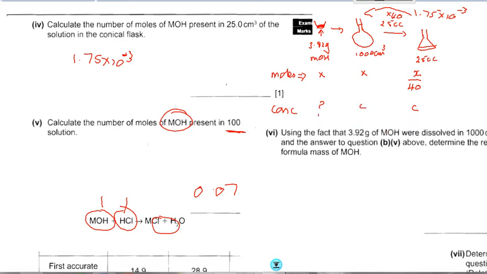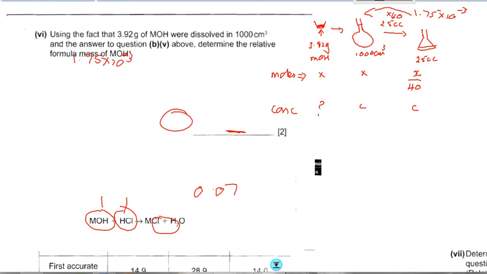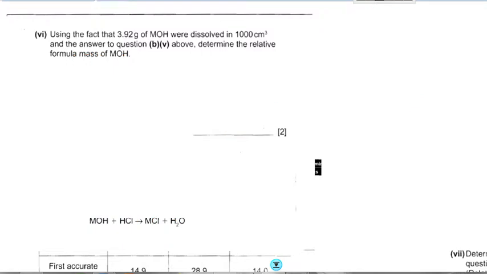So part 6 says using, okay, we'll just clear this off. So we're using the fact that we had 3.92 grams of MOH dissolved in that original 1000 cubic centimeters to determine the RFM. So we'll go back to using the mass equals number of moles multiplied by the RFM, or in other words, RFM equals mass divided by number of moles.